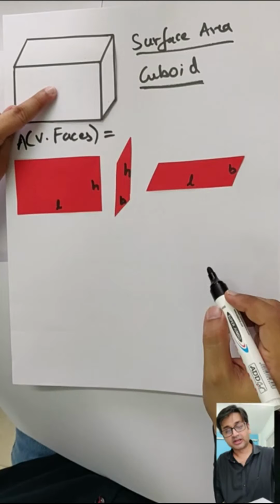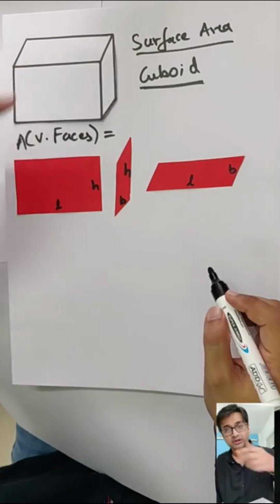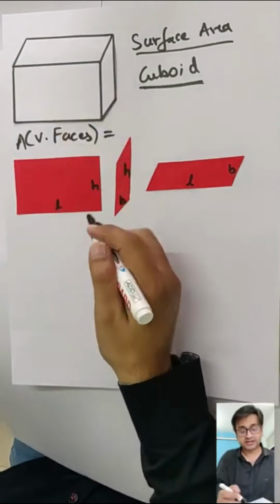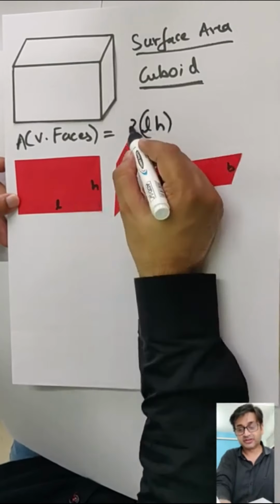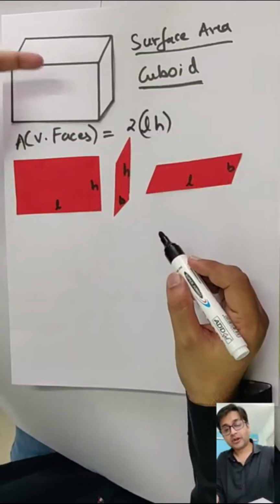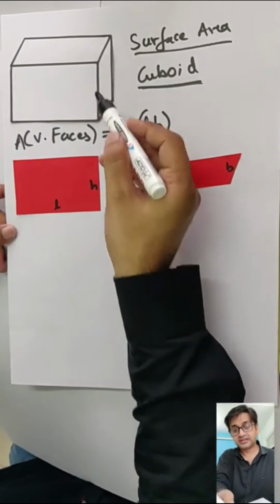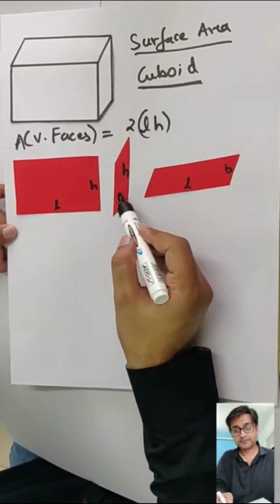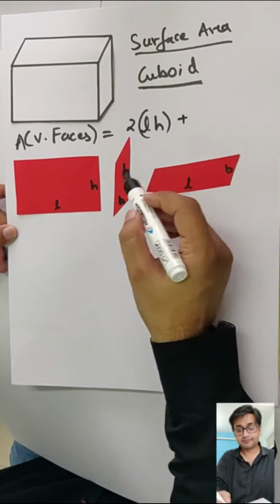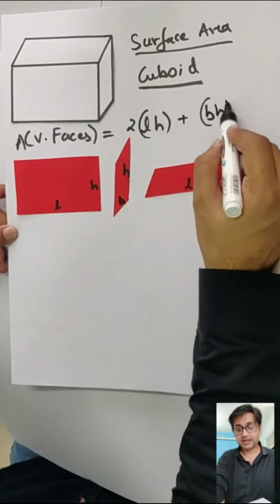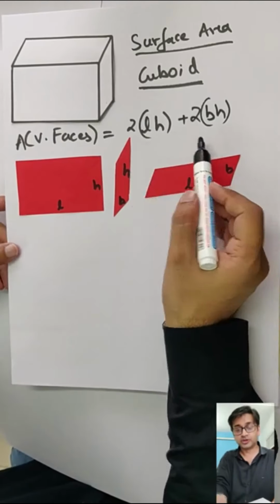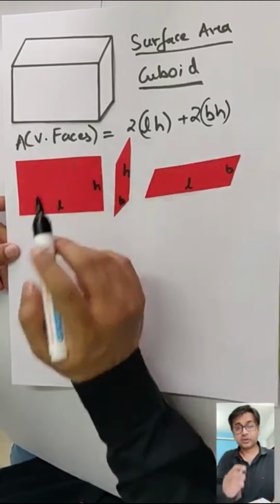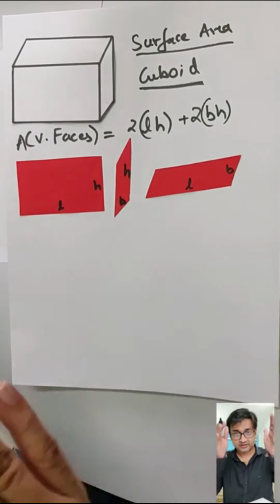Now this is the first vertical face, this is the second, this is the horizontal one, correct? So the first vertical face, length into height. And how many such vertical faces? 2, one on this side, one on the other side. The second one is this vertical face, this is horizontal. So the second one, plus breadth into height, and there are 2 such, one on this side, one on the other side. So you add these 2. When you do this, what you get is only the area of vertical faces.